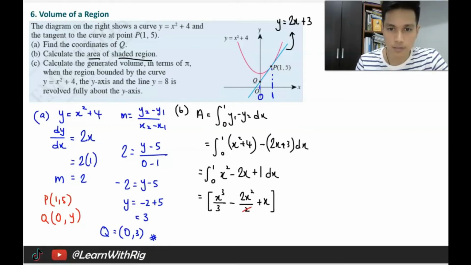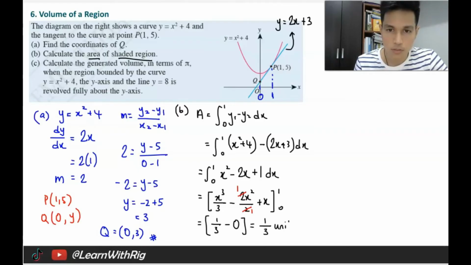Don't forget, here you can simplify. So your final answer, oh wait, don't forget to substitute. This one is 1, this is 0. When you substitute x equals 1, you get 1 over 3, minus when you substitute 0, you get 0. So your final answer would be 1/3 unit squared.